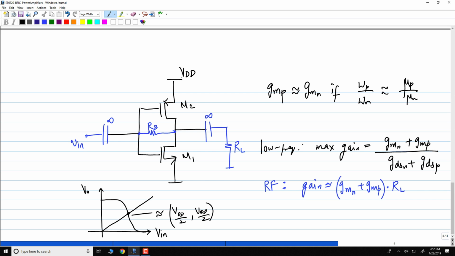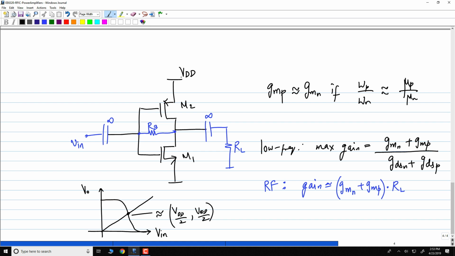If that is the case, from VDD by 2, if you start swinging higher and higher, it can go up to VDD by 2 plus VTP. Why is that? VDD minus 2 VOV. Why is it VDD minus 2 VOV? So what is the maximum swing at the output? That is what we are interested in, correct?